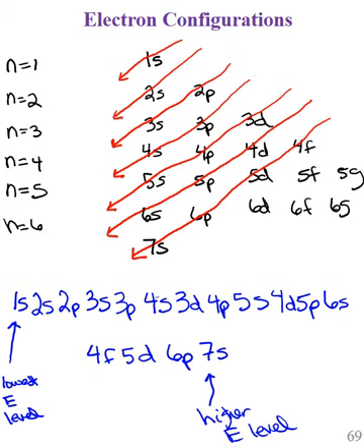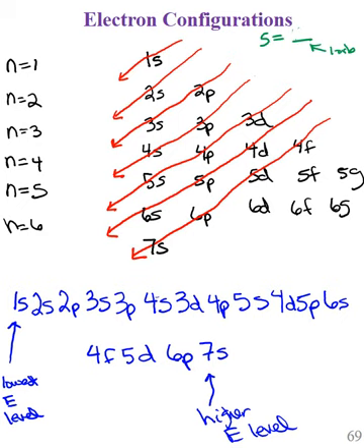For the s orbital, how many electrons can be found there? The s orbital will only have one orbital. So we draw a line like that.